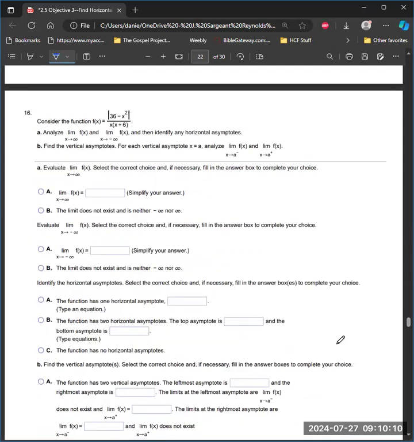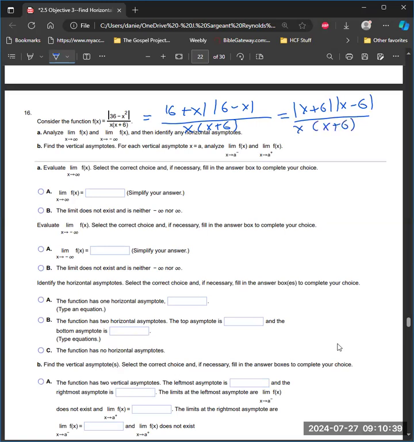Let's consider the function 36 minus x squared inside of absolute value bars, which is 6 plus x, 6 minus x, over x times x plus 6. It's the same thing as x plus 6 times x minus 6 over x times x plus 6.